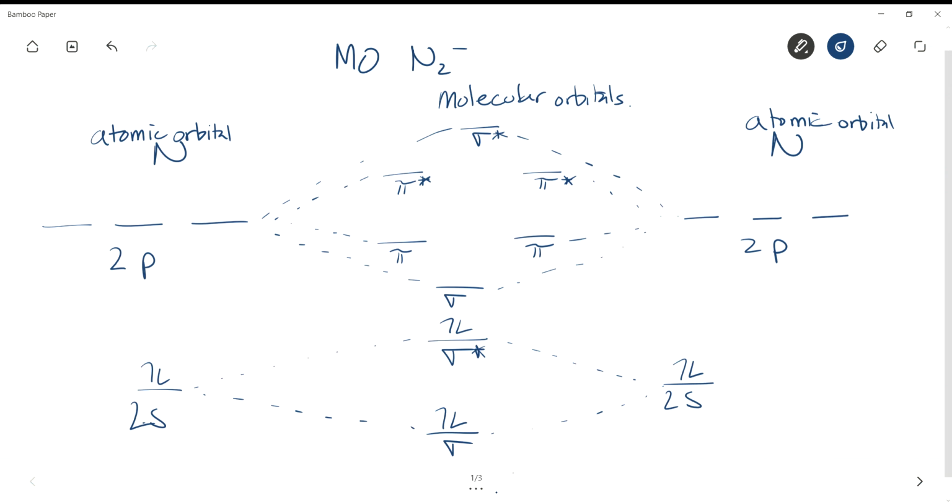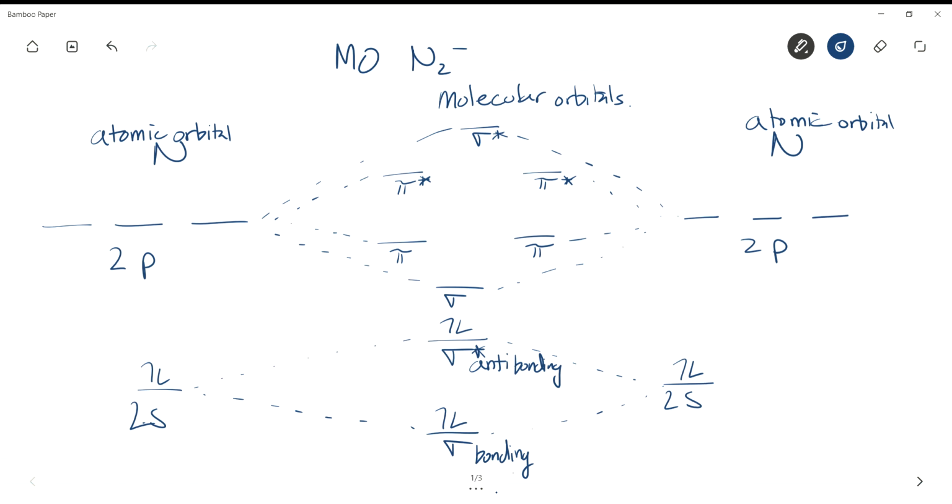What I have done is filled in the lower energy, which is my bonding molecular orbital, and then the sigma star. Anytime you see a star, we're talking about anti-bonding here.